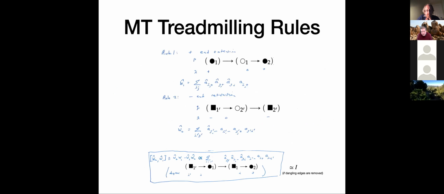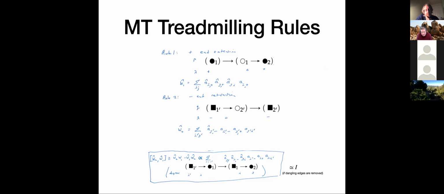Okay, so we're not quite ready for the algebra yet. Instead, this is showing you how it would apply to the microtubule graph grammar that I showed. There's the plus end extension rule and its operator. It's more creation than annihilation. The minus end retraction and its operator is more annihilation than creation. And if we compute the commutator, then with some labor, you can find that they essentially commute.